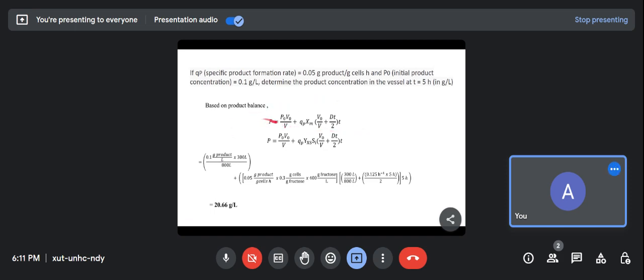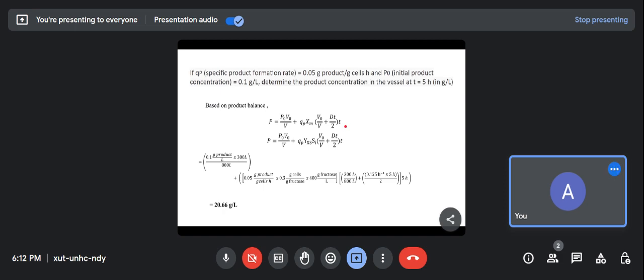Okay. So, product is equal to P naught into V naught by V, P naught being the initial product, V naught being the initial volume, and V being the final volume. Okay. QP is the specific product formation rate, XM is the amount of cells, right? V naught is again the initial volume, V is the final volume, dt is the dilution rate into time by 2, and T is the time.